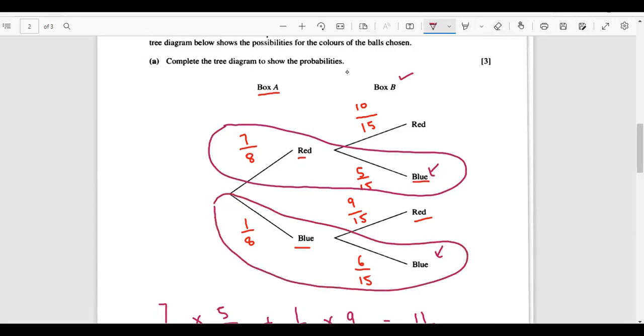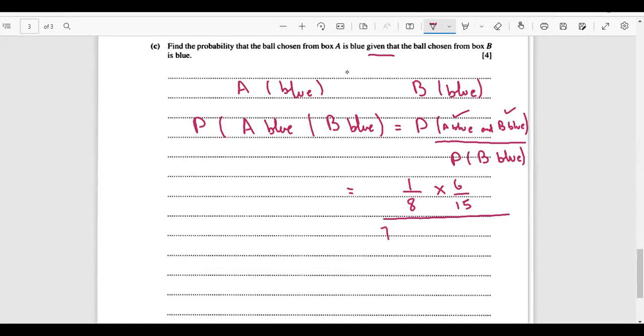So it is 7 by 8 into 5 by 15 plus 1 by 8 into 6 by 15. And now you can simplify this. Very well done, Zahib. Excellent. The answer is going to be 6 by 41. This is going to be the answer.